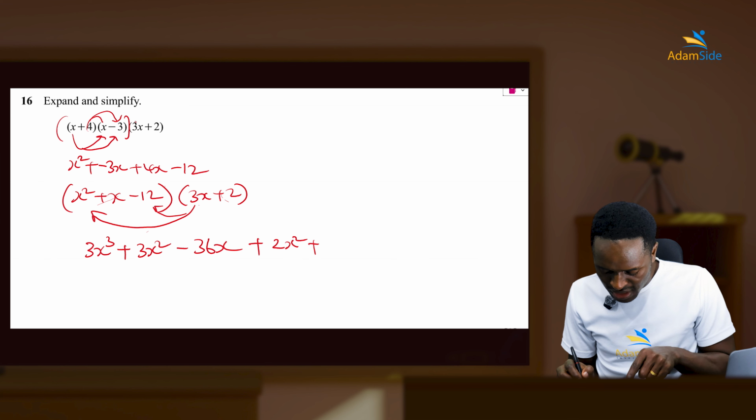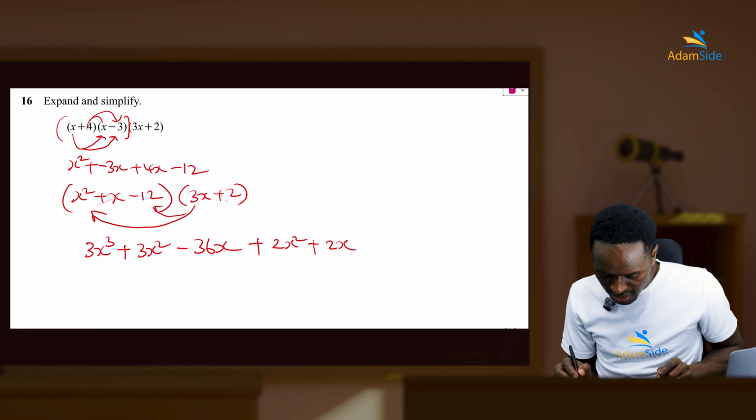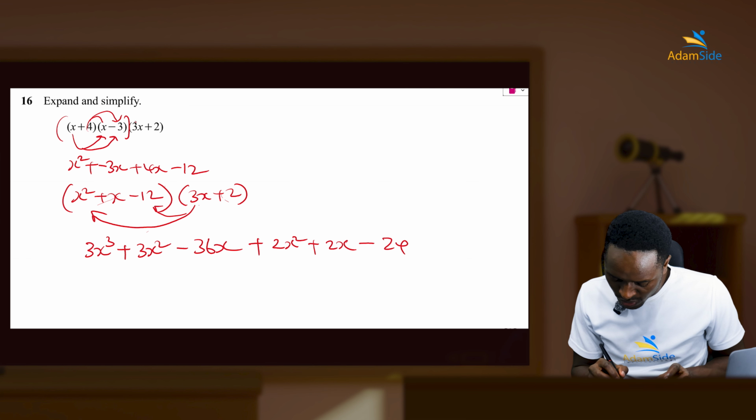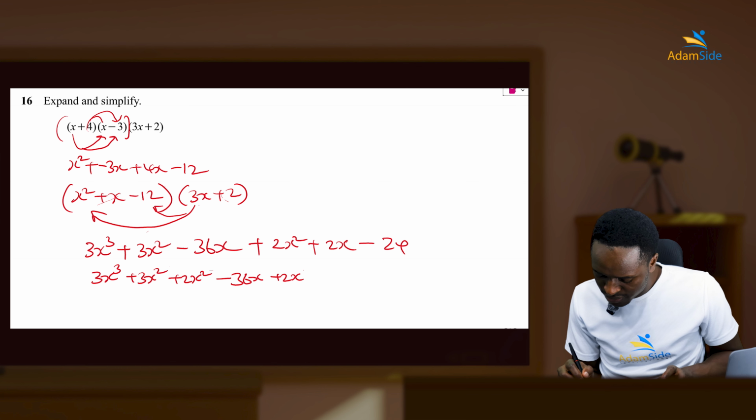Plus 2 times x is plus 2x. Then 2 times negative 12 is minus 24. In other words, you say 3x cubed plus 3x squared plus 2x squared minus 36x plus 2x minus 24.